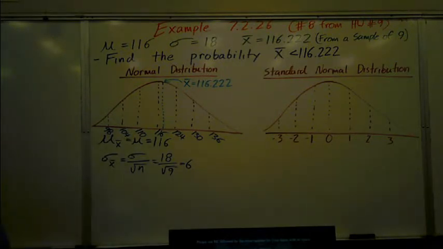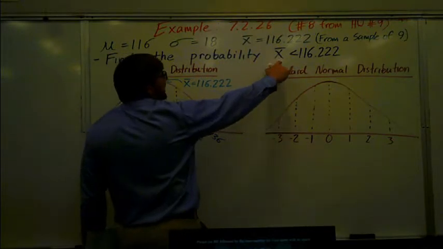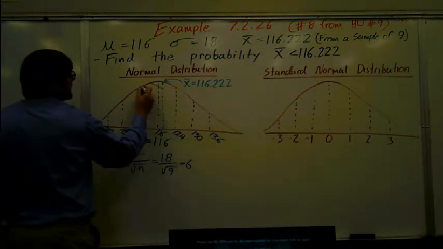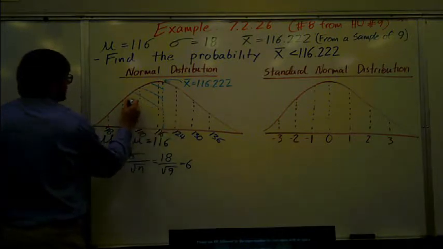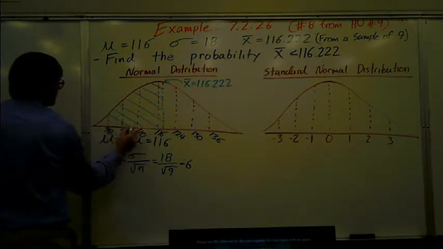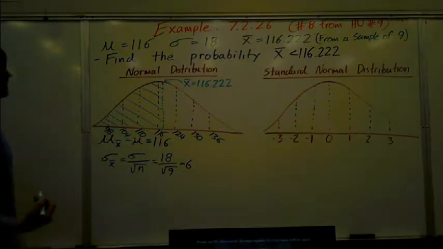Now, of course, to figure out the probability of getting an x bar value of less than 116.222, that's going to be the area to the left of that. Of course, those are all values less than the 116.222.